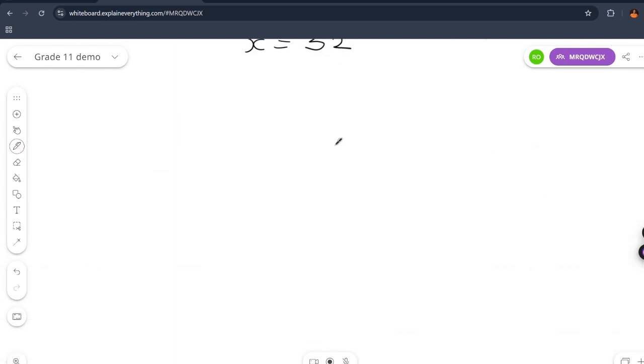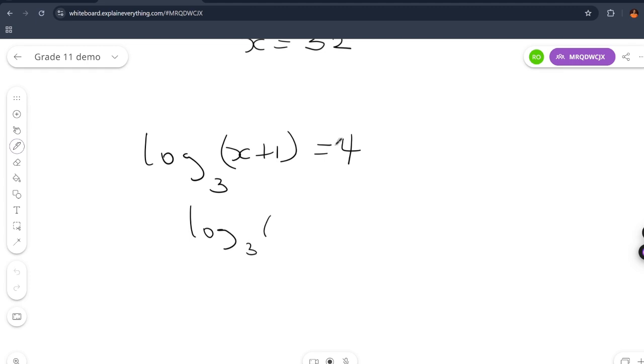Now let's solve one more. So we have log x plus 1 base 3 to be equal to 4. We will use the same method. This time around, we'll be introducing log 3 to this side because this is in base 3. So we have log x plus 1 base 3 to be equal to log 3 base 3 power 4.